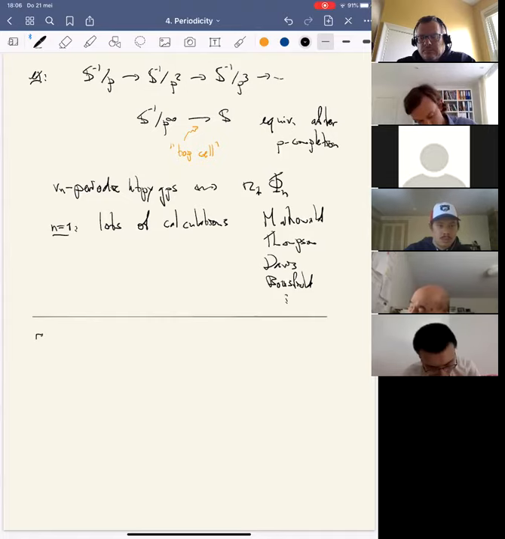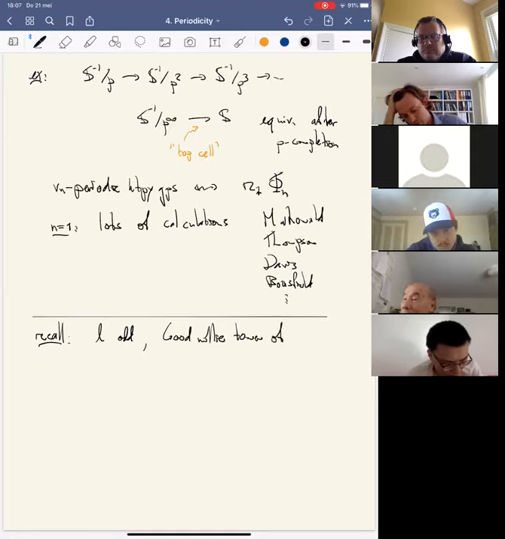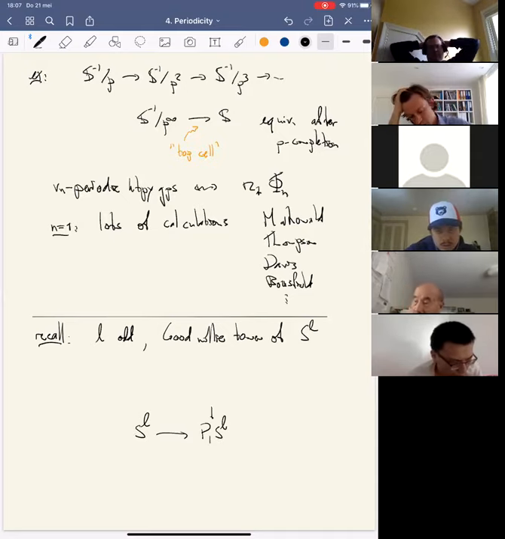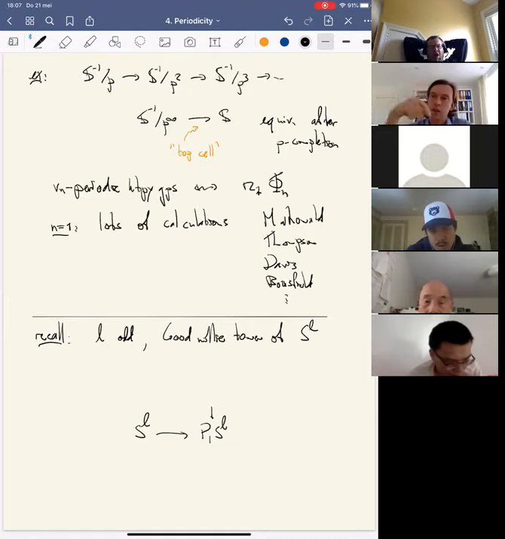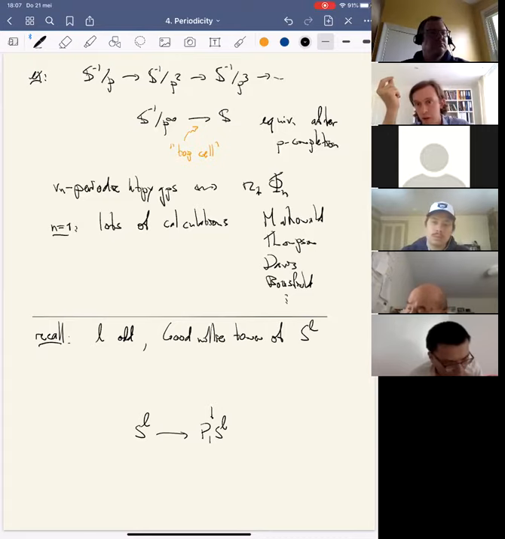So let's quickly recall that when we looked at the Goodwillie tower, let me focus on the case where we do an odd sphere. So we talked about the Goodwillie tower of SL, the tower of spaces under SL, and I said the associated graded of this tower, the layers, the derivatives, are only interesting when you look in degrees that are powers of p.